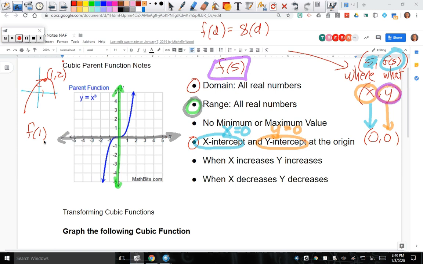Because f of 1 is the y value when the x is 1. So when the x is 1, the y value is 2. That's a big deal, because the where and the what value is what we're trying to show. And there's a lot of that in calculus. A lot. Okay? So I want you to understand that early on.